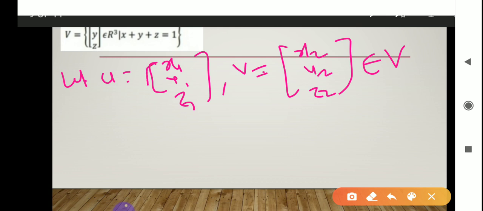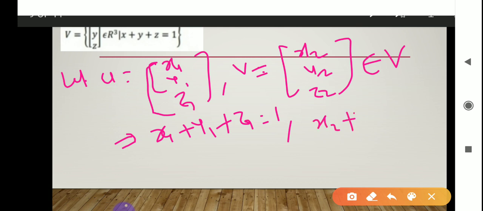So if we take u is equal to (x1, y1, z1), so using this we can write x1 plus y1 plus z1 is equal to 1, and v is equal to (x2, y2, z2) belongs to V. If we take this, then we can write x2 plus y2 plus z2 equal to 1. Okay, now we have to check u plus v.